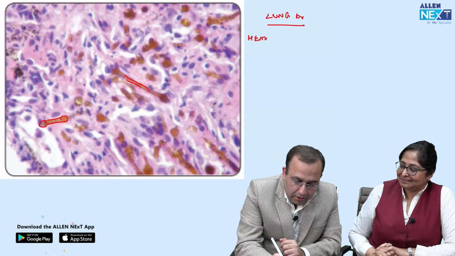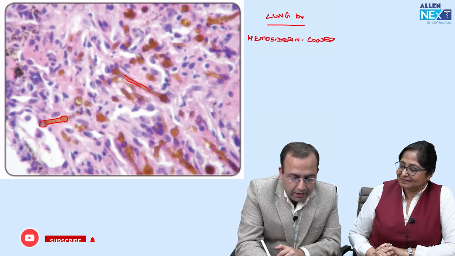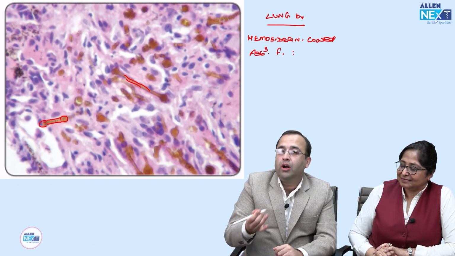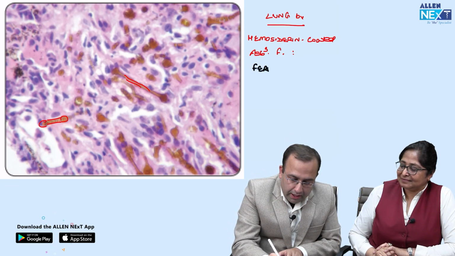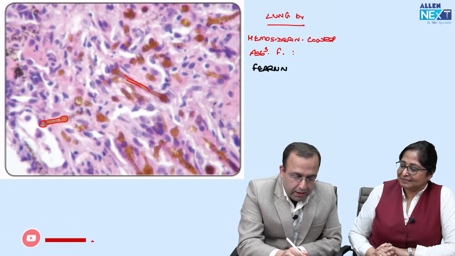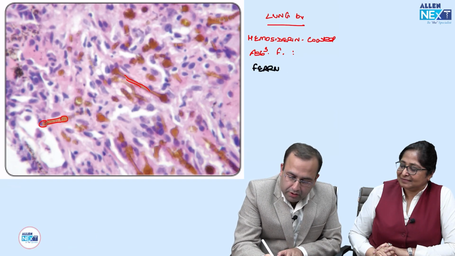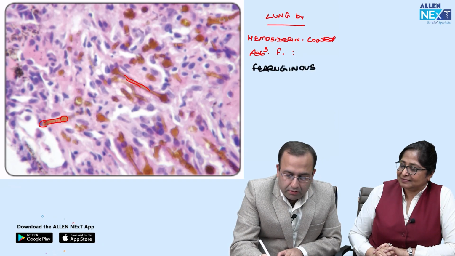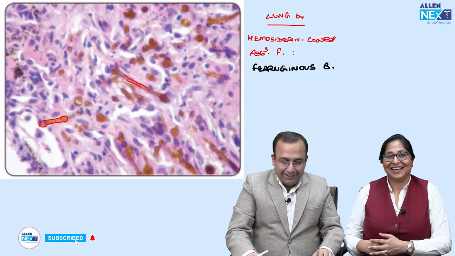So these are hemosiderin-coated asbestos fibers, called as which bodies? Ferruginous bodies. Seen in asbestosis. Perfect. Fantastic.